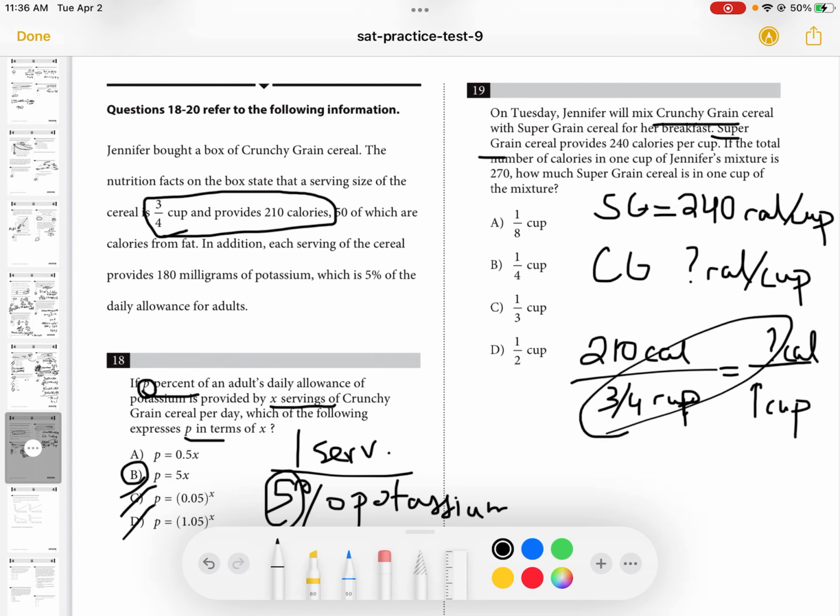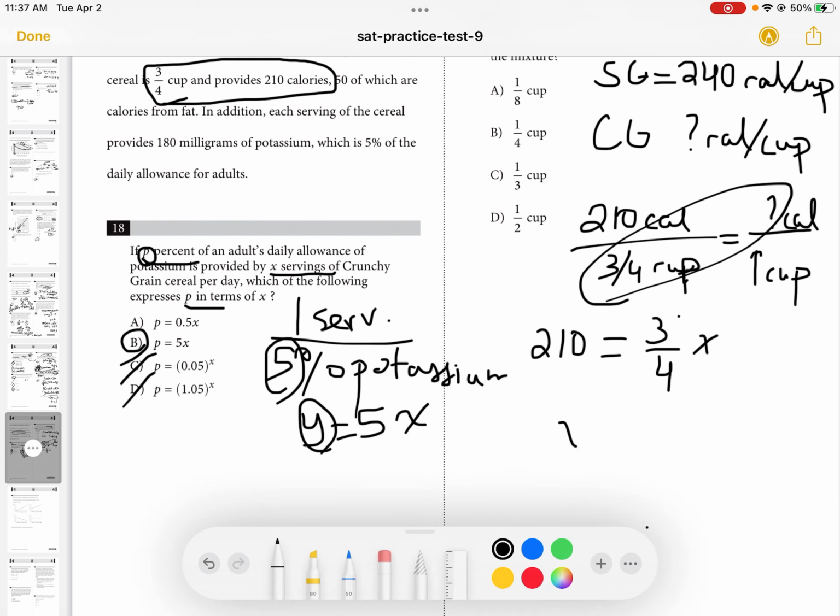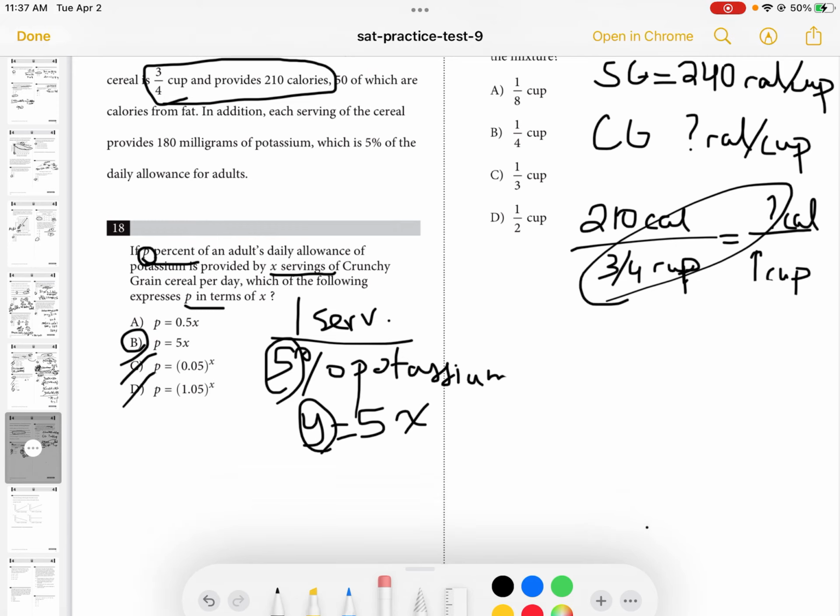So now we can just cross multiply. 210 equals 3/4 x, which is our amount of calories per cup. X is equal to 210 times 4/3, and that's 280. So we know that crunchy grain cereal gives you 280 calories per cup.